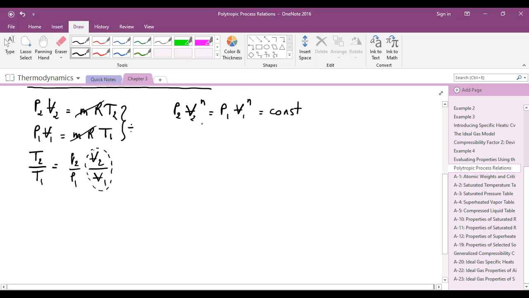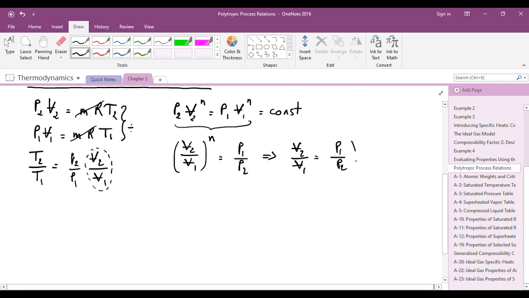So we will use the following relationship here. V2 over V1 to power n will be equal to P1 over P2. So V2 over V1 will be equal to P1 over P2 to power 1 over n.